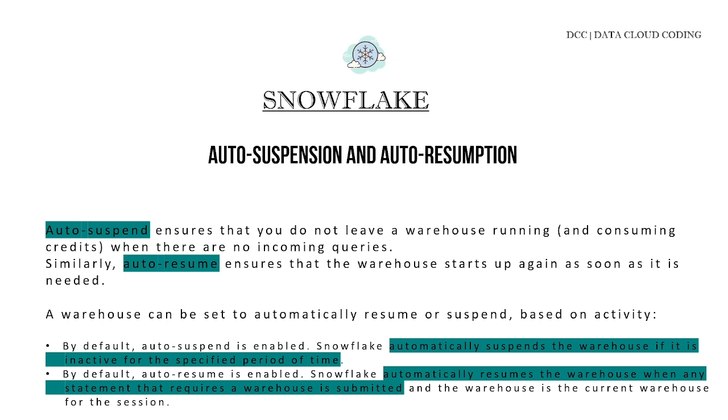So let's suppose I have been running some queries on my virtual warehouse for some time, and after that I just forgot to stop my virtual warehouse. Whatever time frame I set, if I set the virtual warehouse to get auto suspended, Snowflake will take care of that. Snowflake will automatically suspend the virtual warehouse for me if there are no queries running on the warehouse.